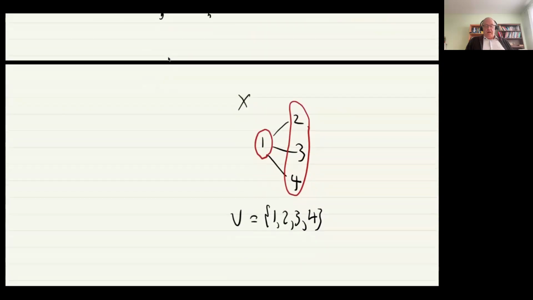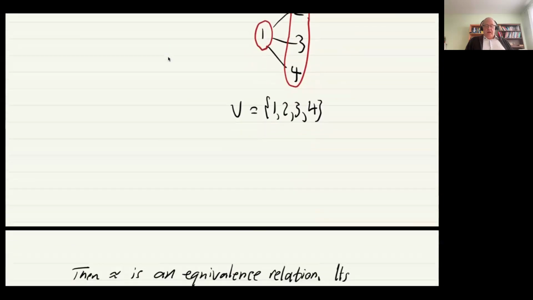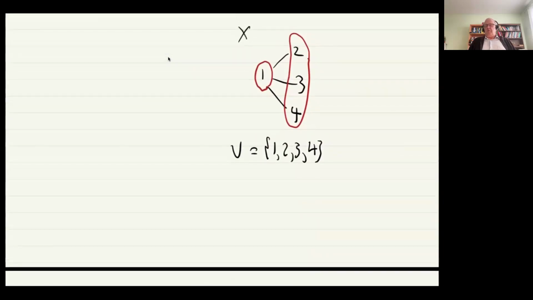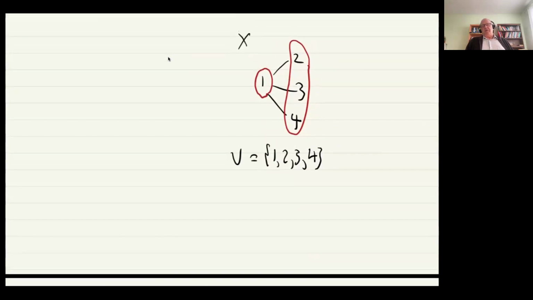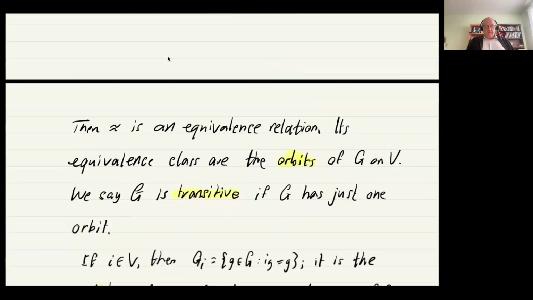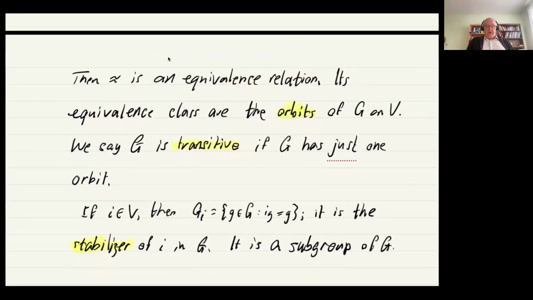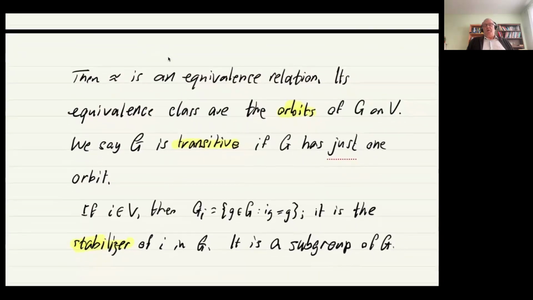Okay. So we have a partition into orbits. And so when people are trying to study permutation groups on sets, it's very natural to try and break things up and look at things orbit by orbit. Now, if there's only one orbit, we say that the group is transitive. There are several uses of the word transitive in mathematics, and this is a different one.